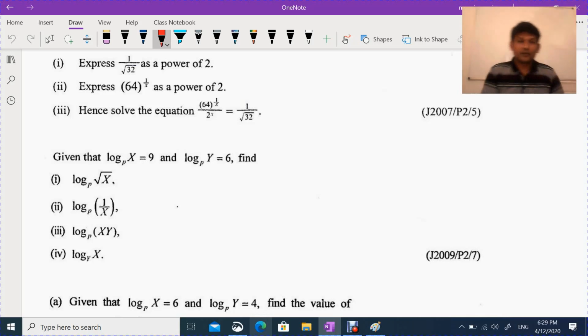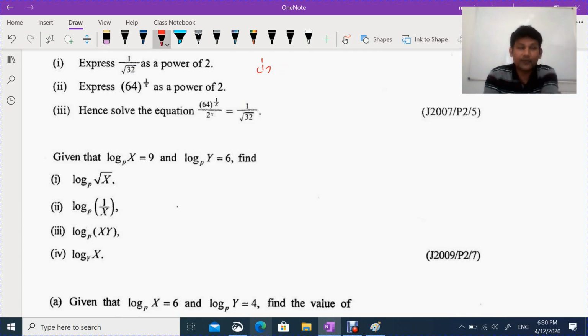Okay, the next category is about this June 2007 paper 2 question number 5. This type of question also comes in logarithms or indices. The first part: express this as a base of 2, power of 2. Power of 2 means you have to make 2 and something power, please, not 2 as a power, but 2 with a power of something.